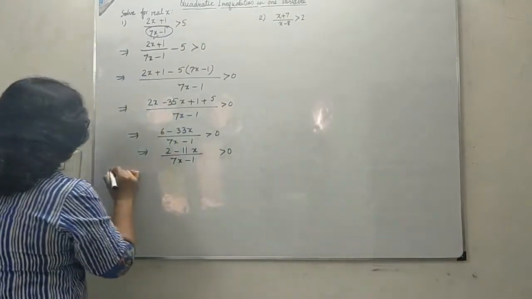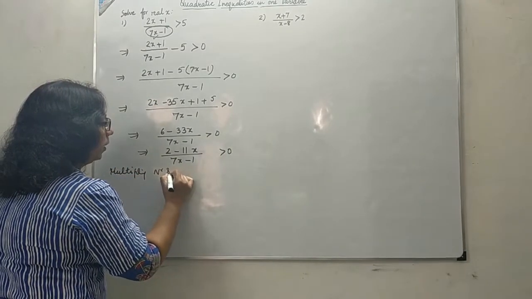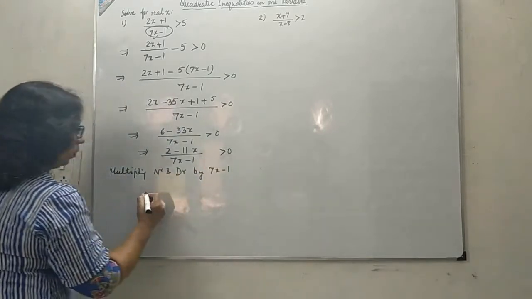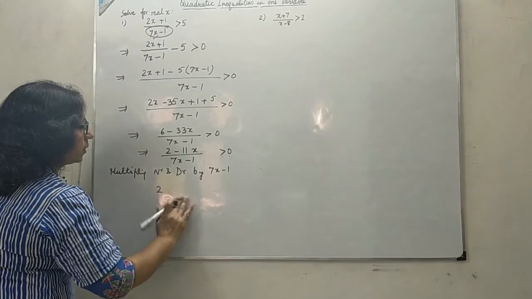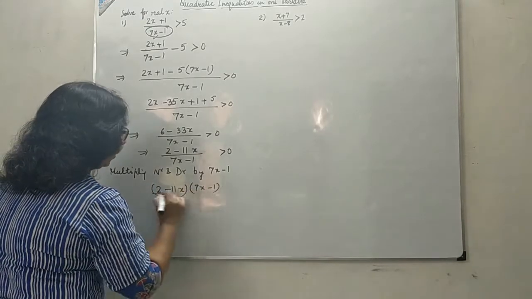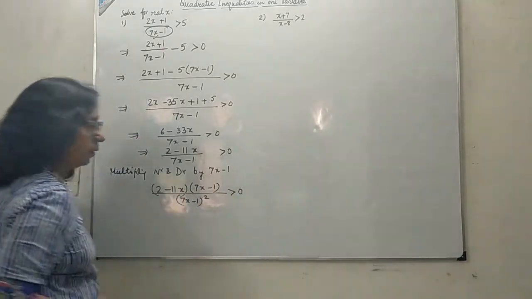So in this type, we multiply the numerator and denominator by 7x minus 1 throughout. This is 2 minus 11x into 7x minus 1 divided by 7x minus 1 whole square greater than 0.